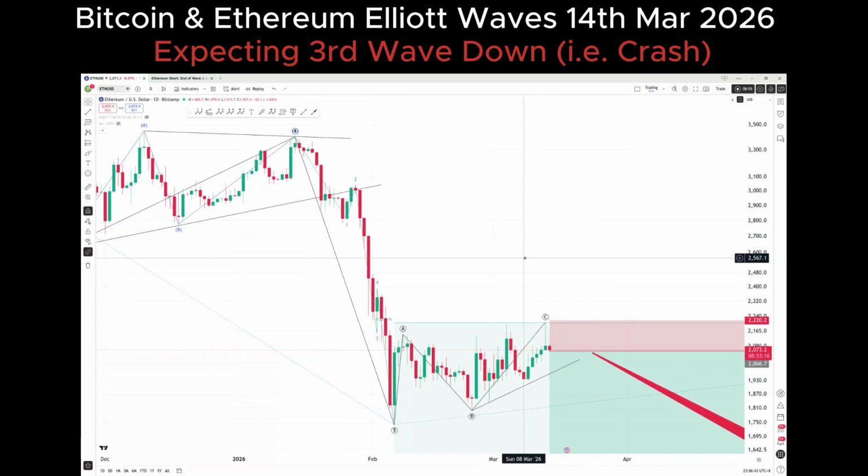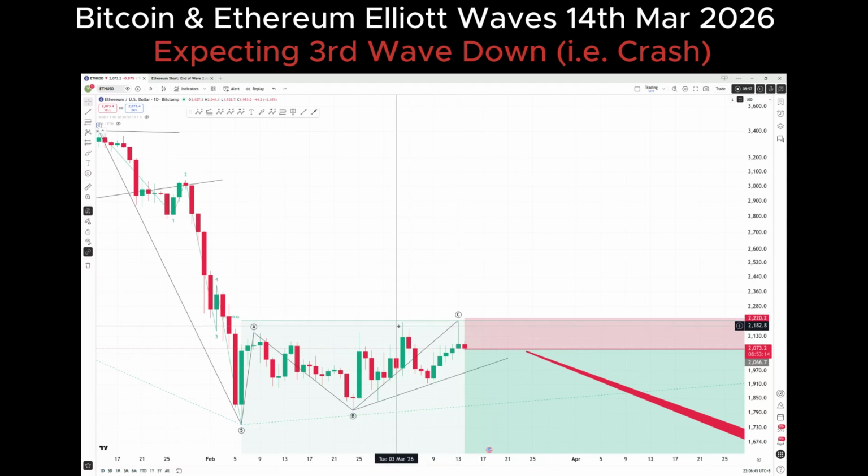Now, just now when I was going through Bitcoin, I mentioned that Bitcoin is a truncation, and because of Ethereum, that's because Ethereum over here on the 13th March is actually higher than the 4th of March.